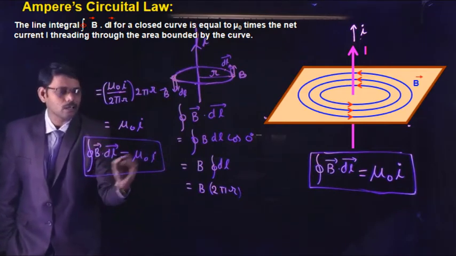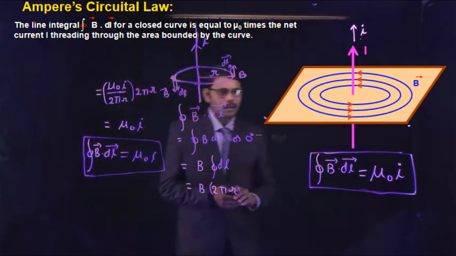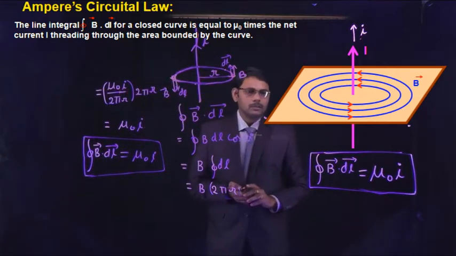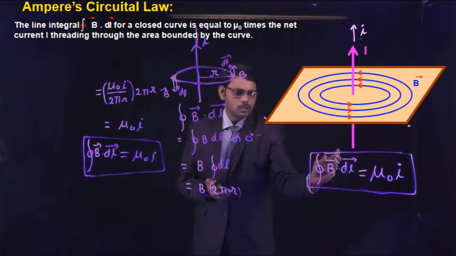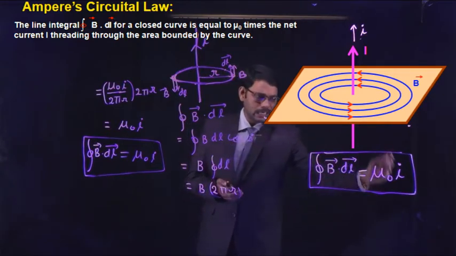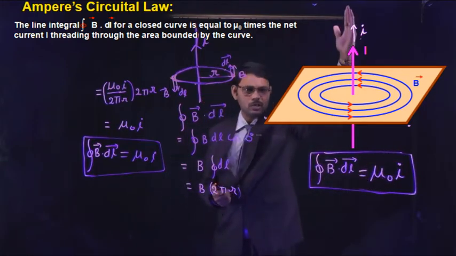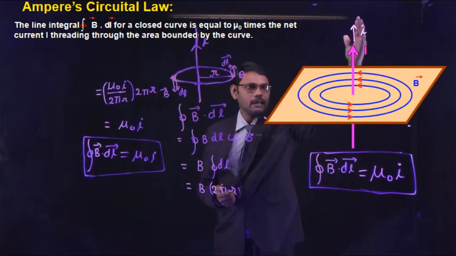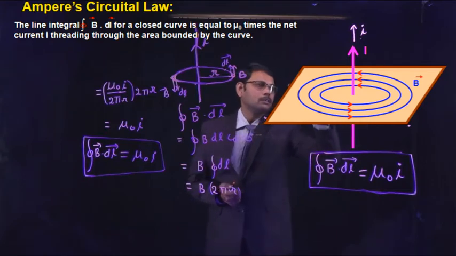So, once again, I recall the statement and proof of Ampere's law. The line integral of magnetic field around a closed loop is equal to mu naught times the net current enclosed by the loop. If you have a straight wire as shown in this diagram carrying current I, we may find the magnetic field around the closed loop.